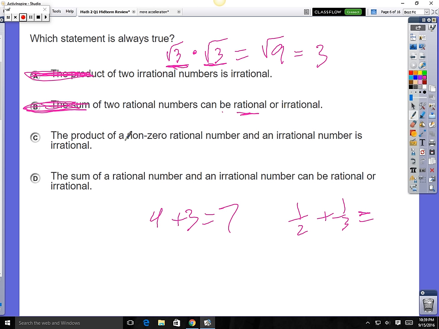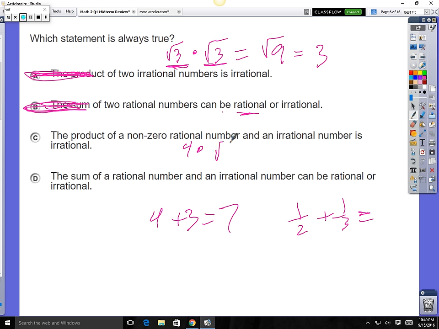The product of a non-zero rational and an irrational is irrational. Alright, here we go. The product of a non-zero rational, so that's like 4, times an irrational.